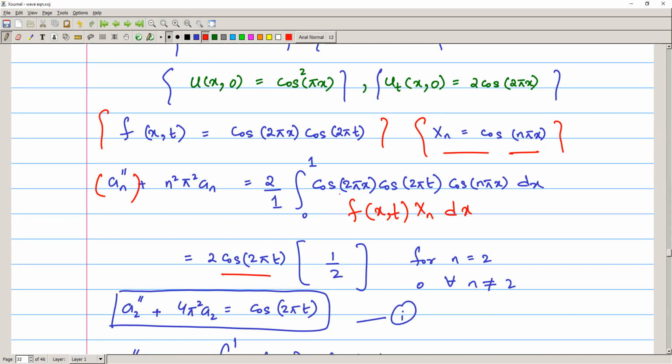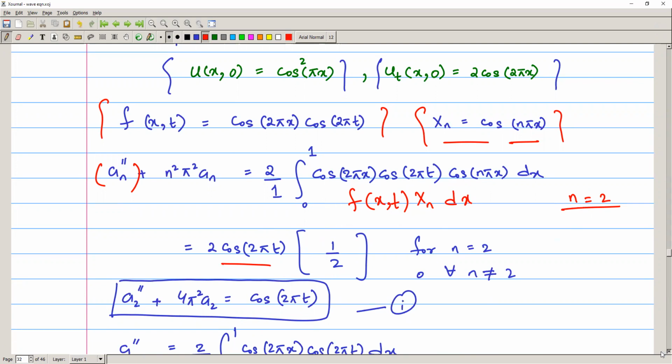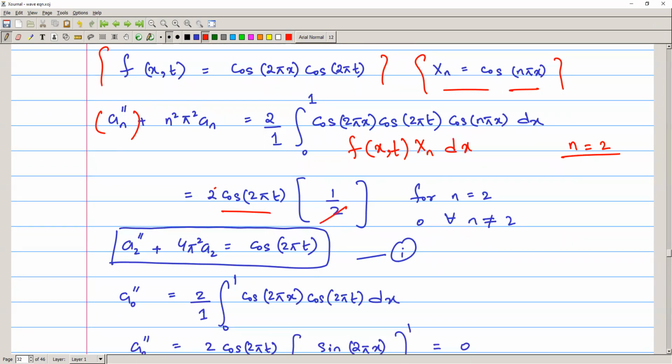And then we know that cosine 2 pi x and cosine n pi x will only give a value when n is equal to 2. Otherwise, it's 0, right? For n equal to 2, the value will be 1 over 2, and this 2 will be cancelled with this 2. Therefore, we get a_2 double prime plus 4 pi squared a_2 is equal to cosine 2 pi t, right? Because we already said that we have a value only at n equal to 2, and for all other n, the integral will be 0.